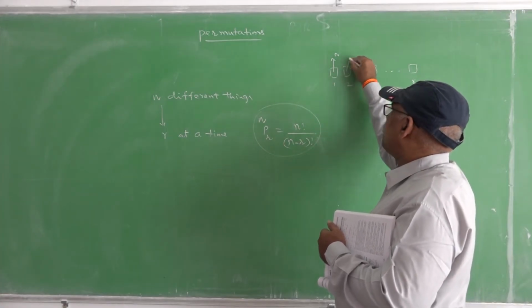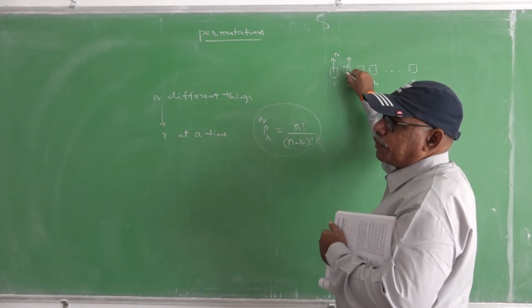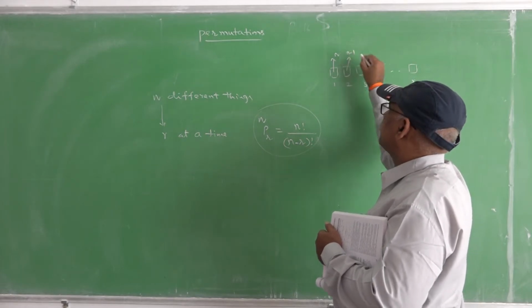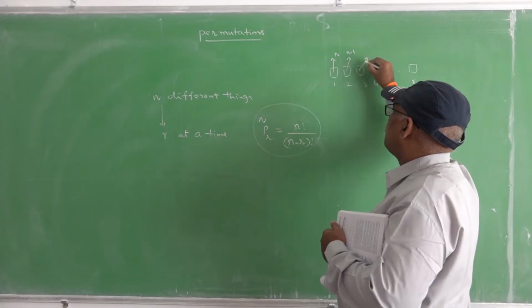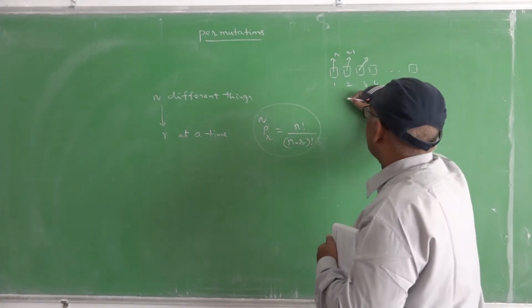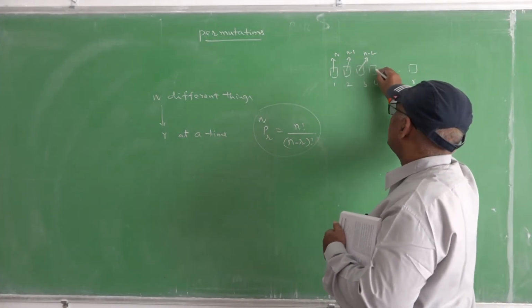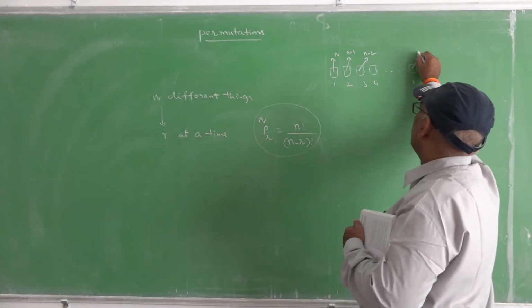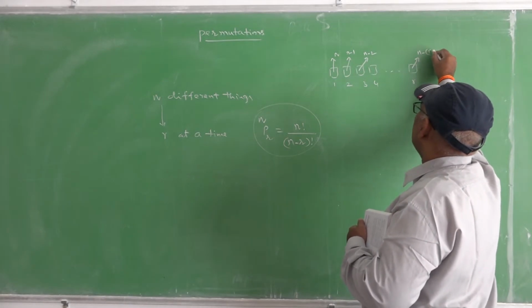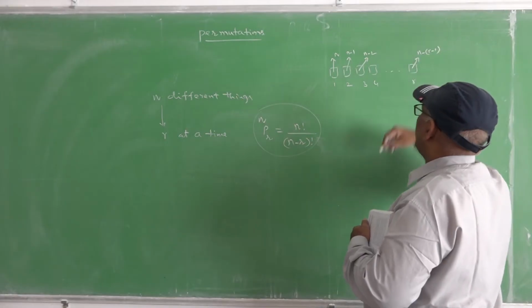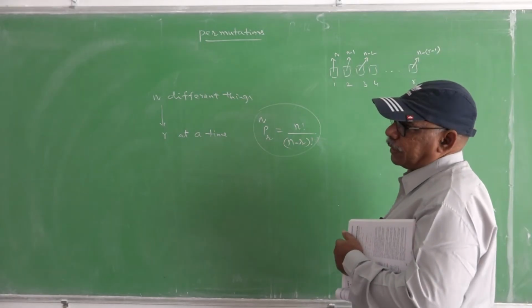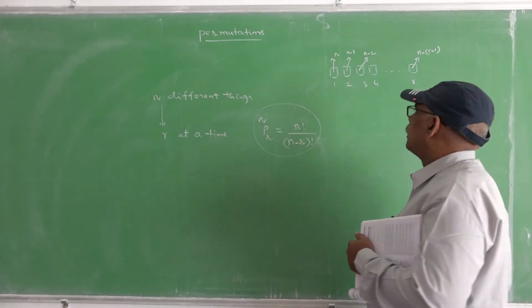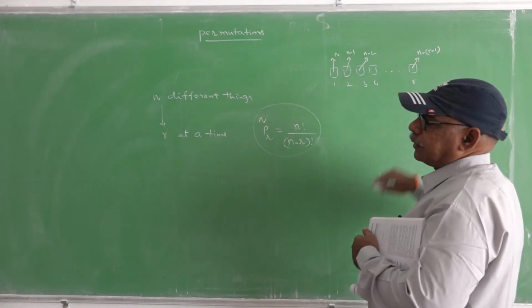So the number of possible ways of filling this blank is n minus 1. Similarly, the number of ways of filling this blank is n minus 2. Like that, the last one can be filled in n minus r plus 1 ways.